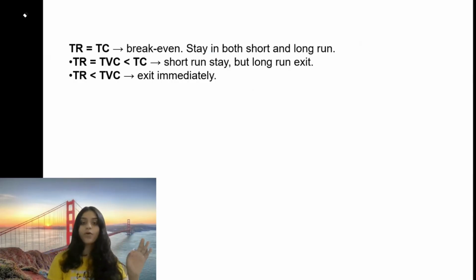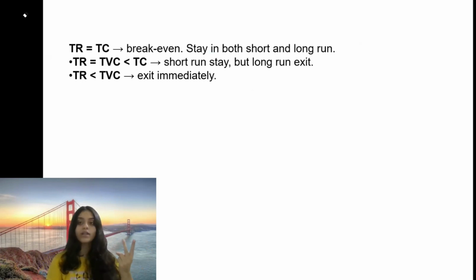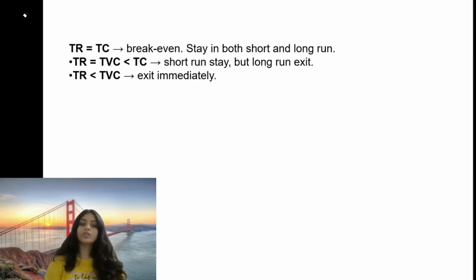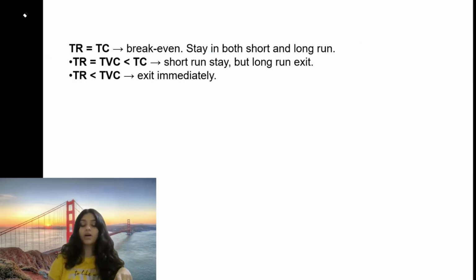During this point, the companies both in short run and in long run stay in the market. Okay. The second situation is when total revenue is equal to total variable cost, but it is less than total cost. Now, in short run, the business will stay in the market, but in long run, it will exit the market. Why? Because there is a phenomenon behind this.